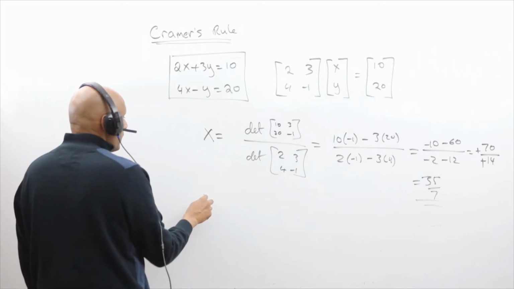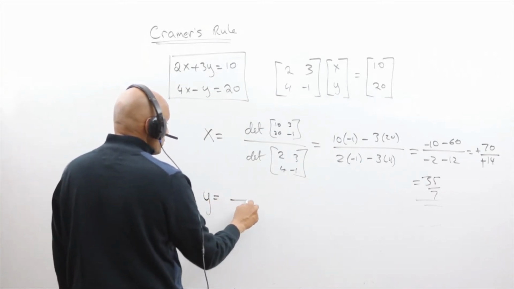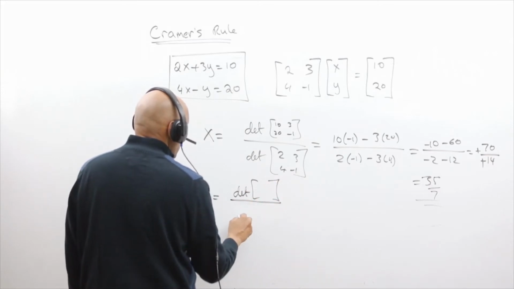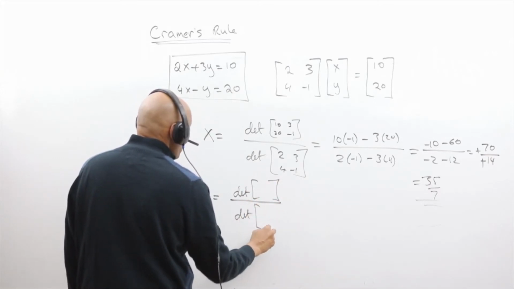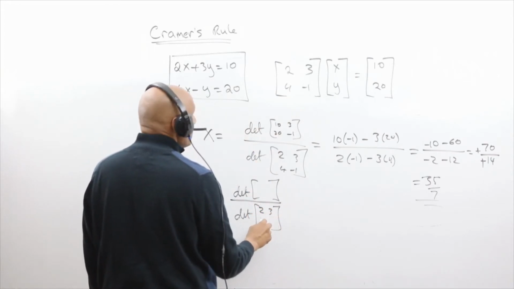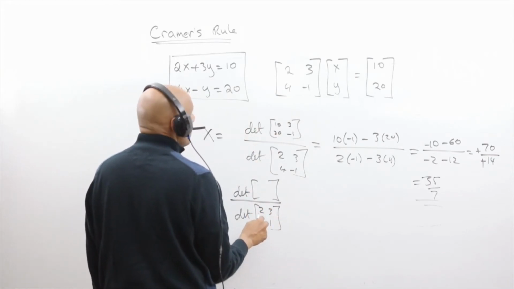The value of y is again the ratio of two determinants. The bottom matrix is the same as the original matrix, which in this case happens to be 2, 3, 4, minus 1.